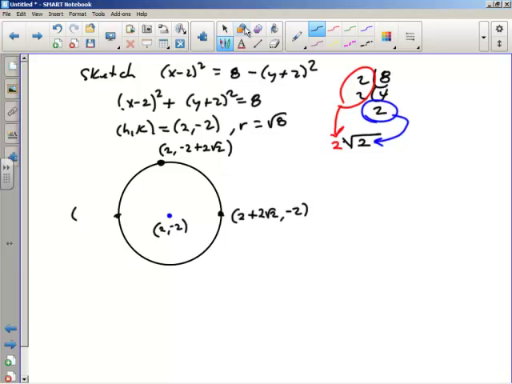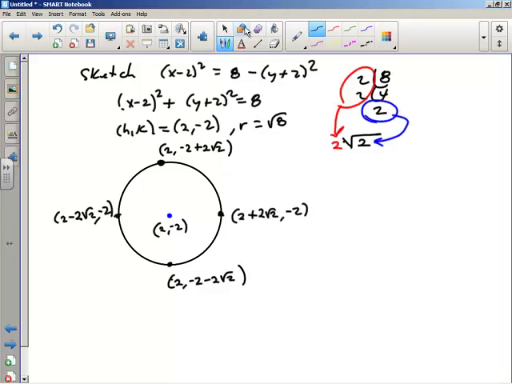And go to the left, so it'll be 2 minus 2 square root of 2, 2 square root of 2 units to the left, minus 2 is that antipodal point, and then down here we've got 2 comma minus 2 minus 2 square root of 2.